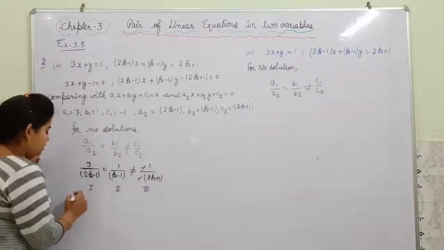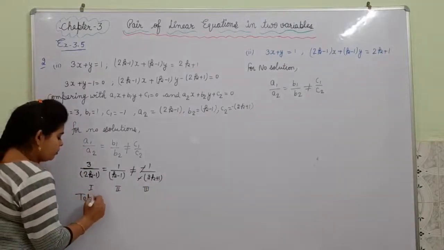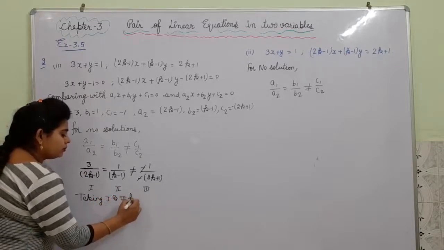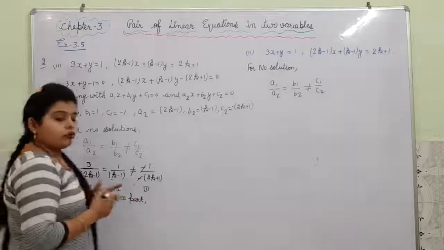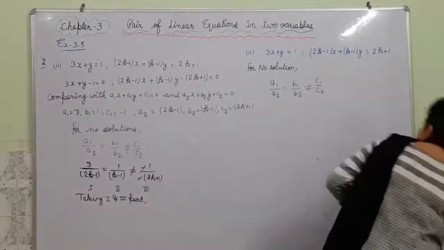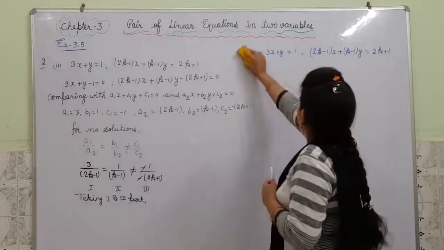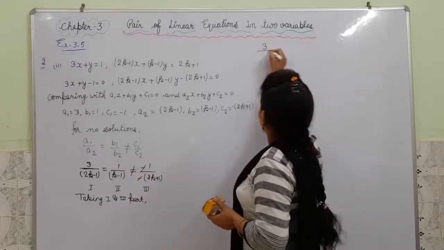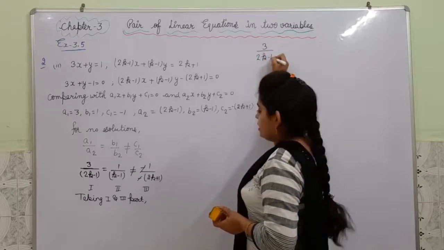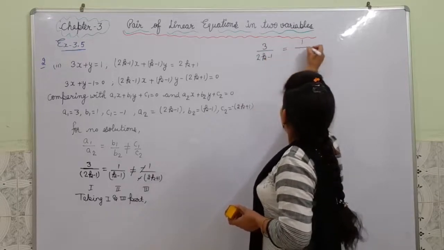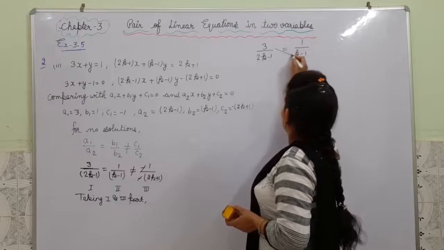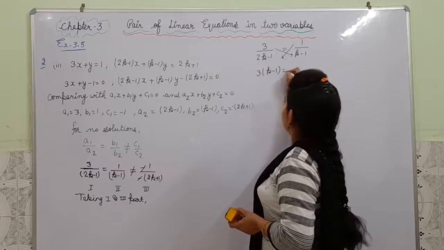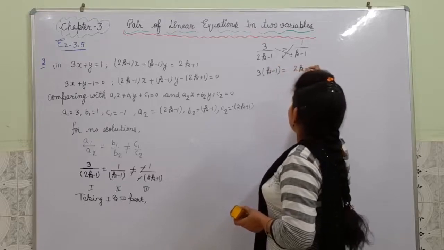Now taking first and third part. What is our first and third part? Our first part is 3 upon 2k minus 1 is equal to 1 upon k minus 1. Now on cross multiplication, 3 into k minus 1 is equal to 2k minus 1.